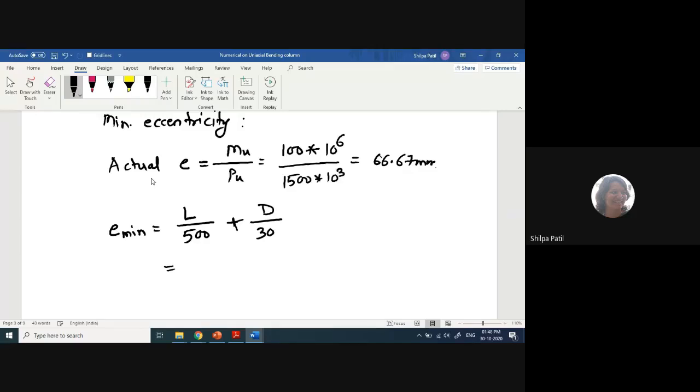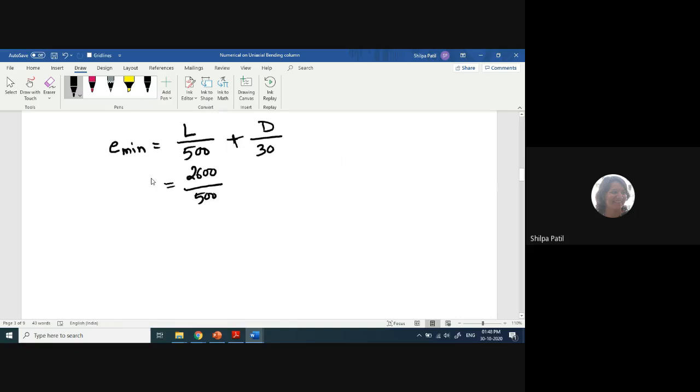L is to be considered as effective length divided by 500, effective length is 2600, plus D is 400 by 30. So the minimum eccentricity will be either this value or 20 mm, whichever is greater. This is the criteria, right? Whichever is greater.